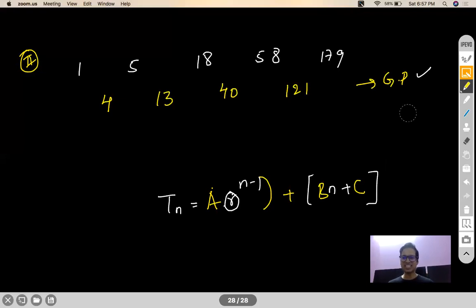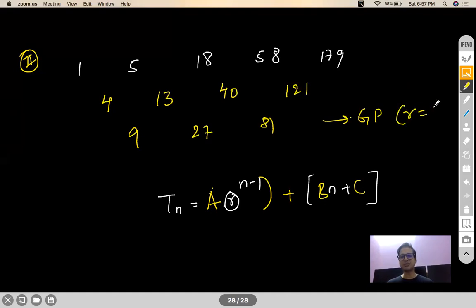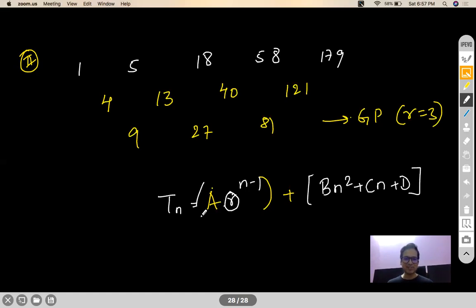Now let's say here, if you take the difference, 9, 27, 81, this is actually a GP whose common ratio is 3. Then what will happen? This changes to a quadratic in n. Are you getting my point? Now your question will be, will this guy remain as it is? Yes, this guy will not change at all.